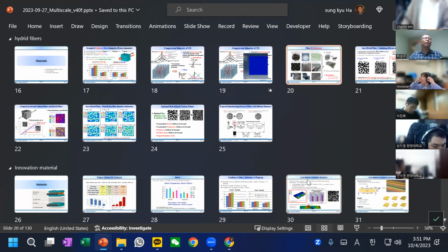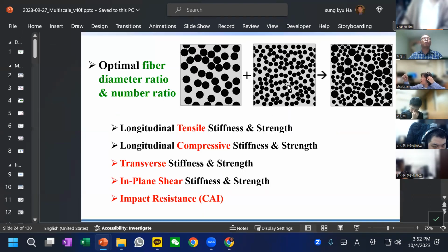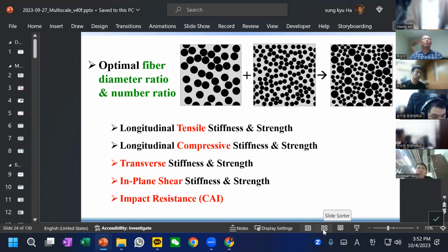But again, I would like to emphasize how each fiber plays its own role in composites, together with the resin system. That is where all the composite behavior comes from: the tensile behavior, compressive behavior, transverse and in-plane behavior, impact resistance, and so on.